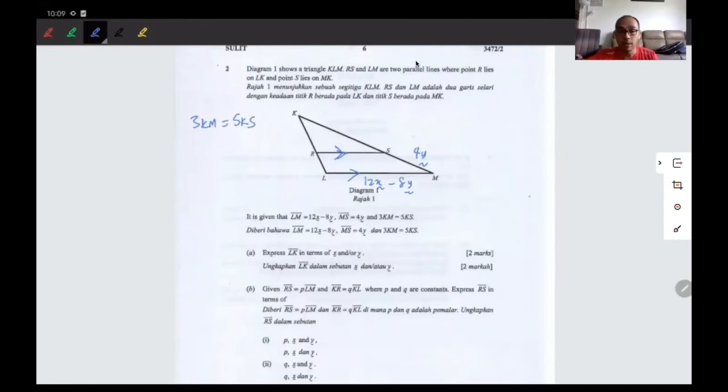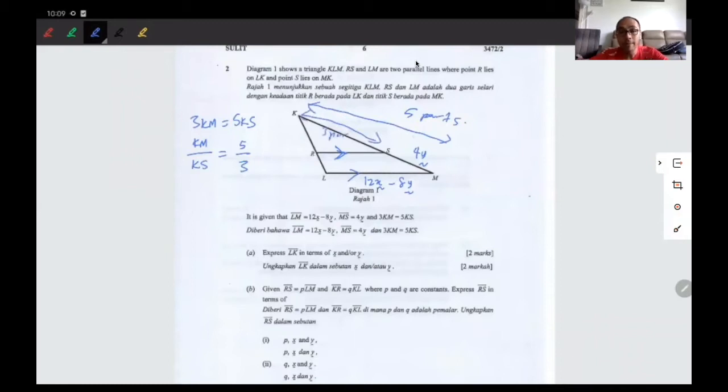This is obviously a vector question. Now let's think about it. If I put the numbers together, I will get KM over KS equals 5 over 3. This means KM is 5 parts and KS is 3 parts.